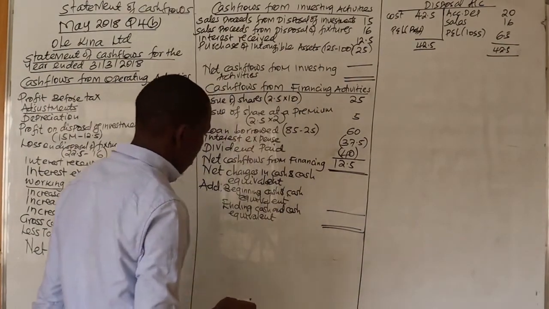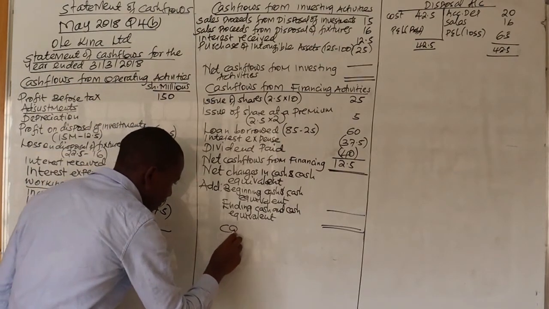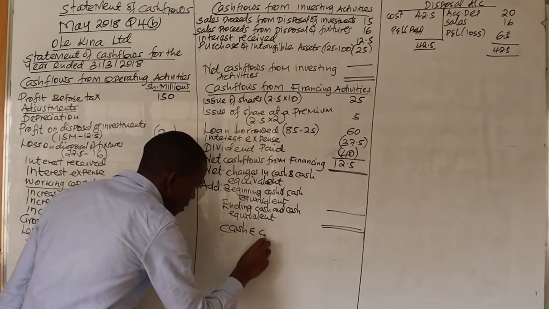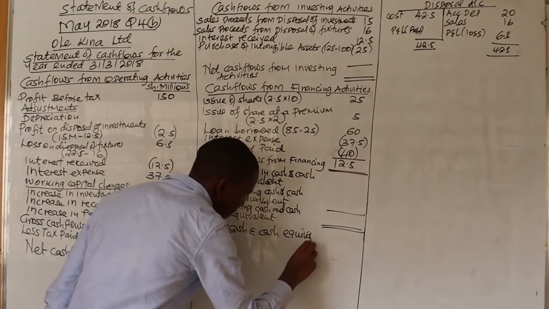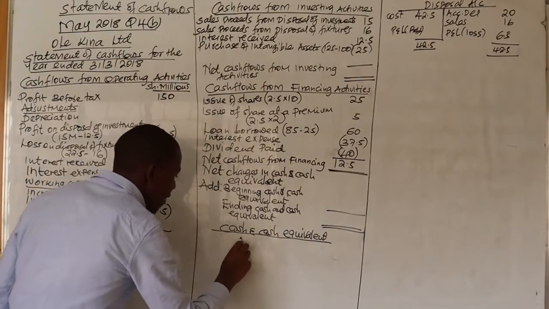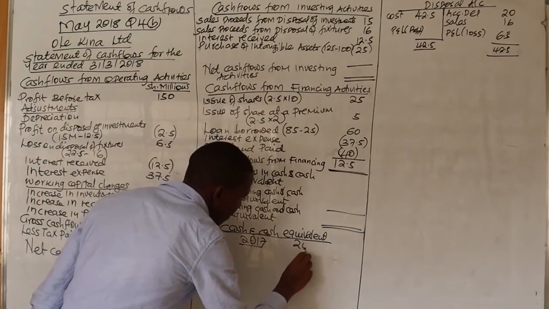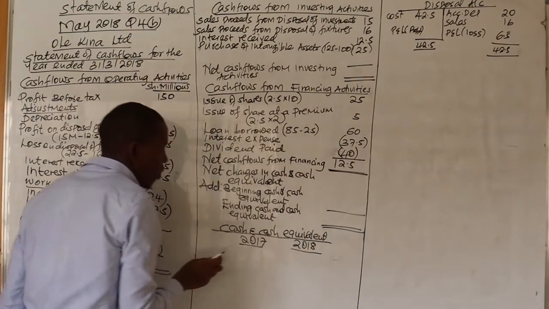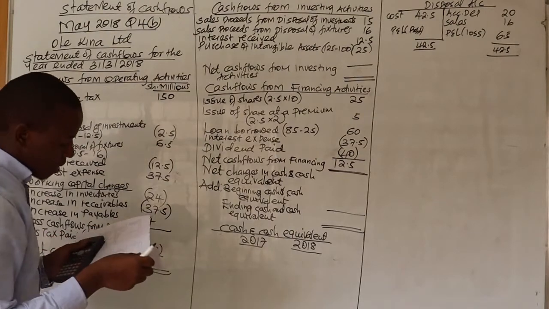So now, in this case, we can get the cash and cash equivalent. We have it for 2017 and 2018. You only consider those items relating to cash.